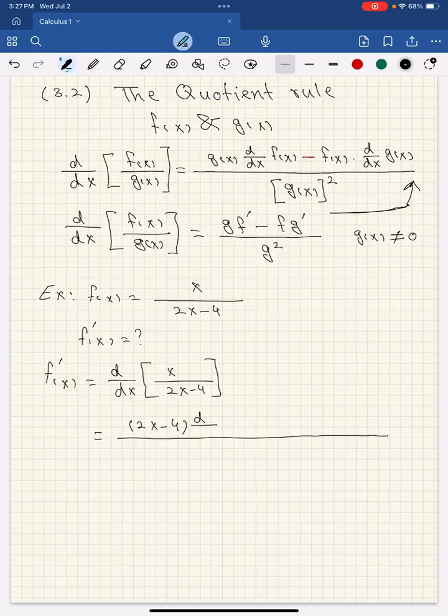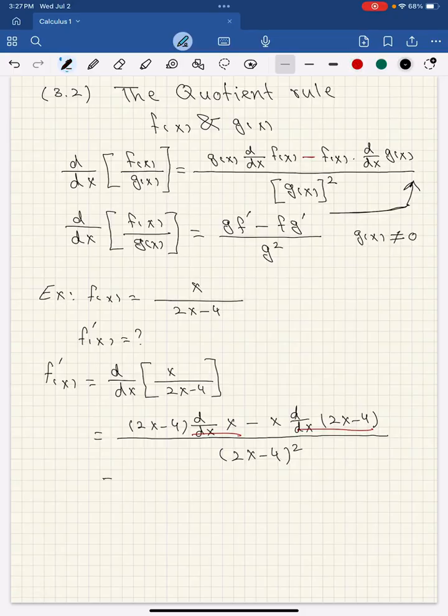Then you see, even I'm writing these steps. d dx of the top, which is x, minus top, which is x, d dx of the bottom, which is 2x minus 4, over bottom squared, 2x minus 4 squared. Again, you see the d dx notation helps you where to do the work. In the next step, you will find this derivative and you will find this derivative. Only these two things.